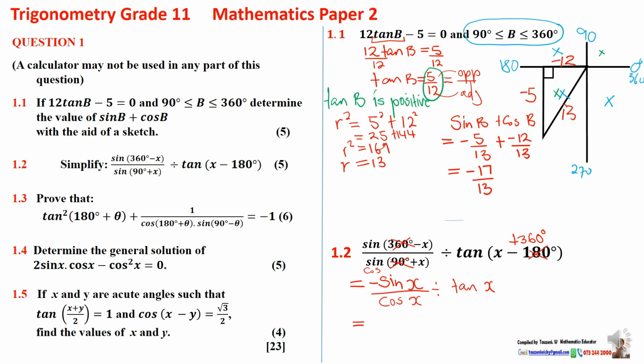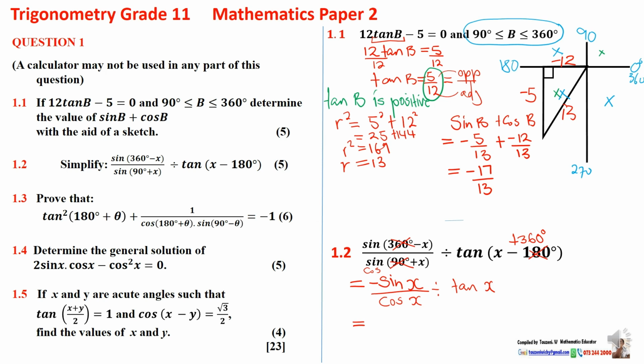So these questions work like this. After applying reductions and cofunctions, the next thing to apply are identities. And we have two identities that we are working with. Cos squared x plus sine squared x is equal to 1. The second one is tan. Tan is equal to sine over cos.